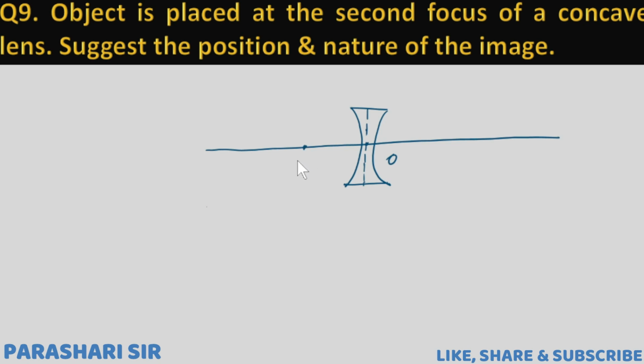The second focus, F2, the first focus, F1, object lies on the second focus. Ray parallel to the principal axis is refracted and appears to come from the focus.